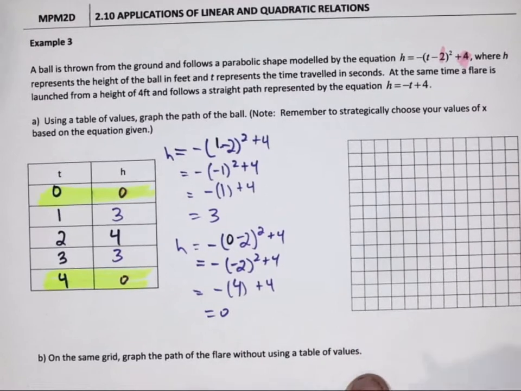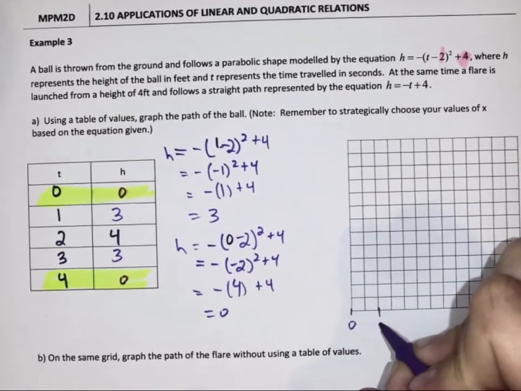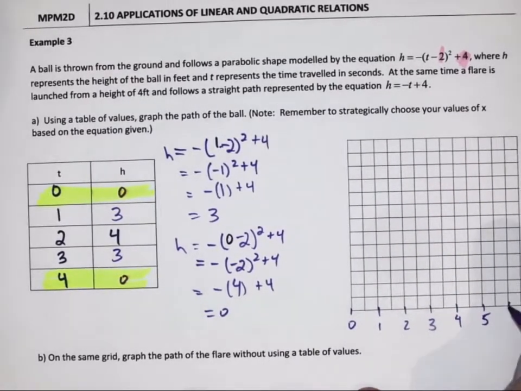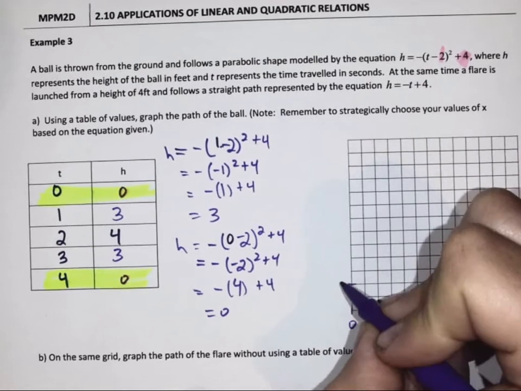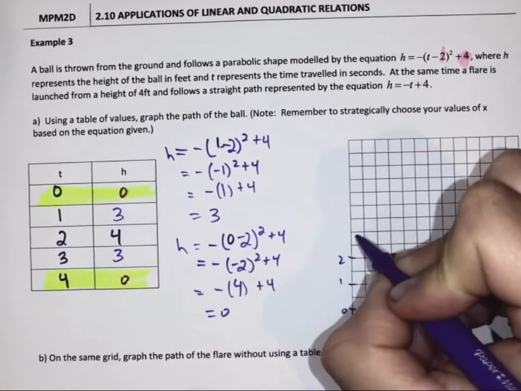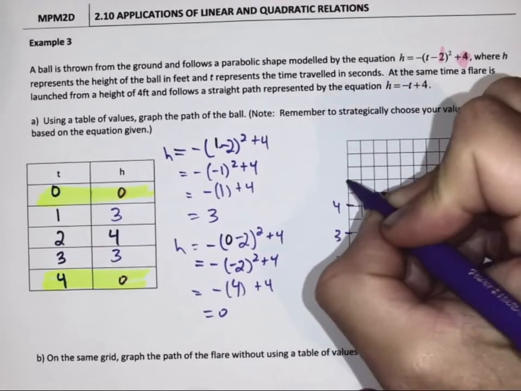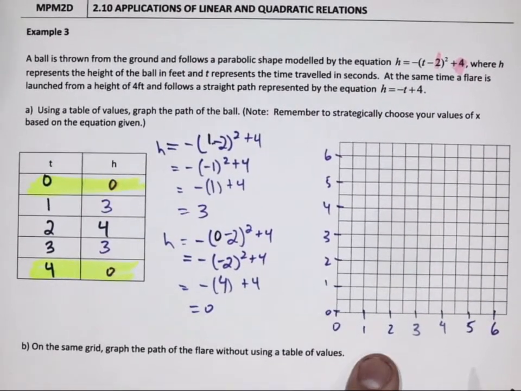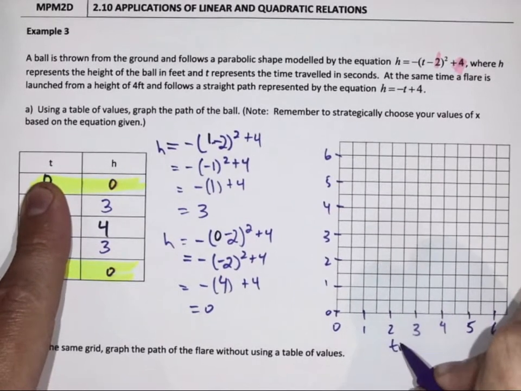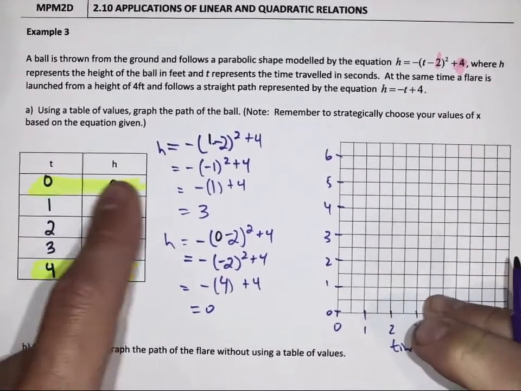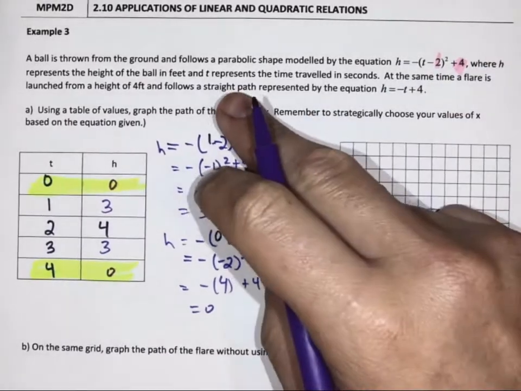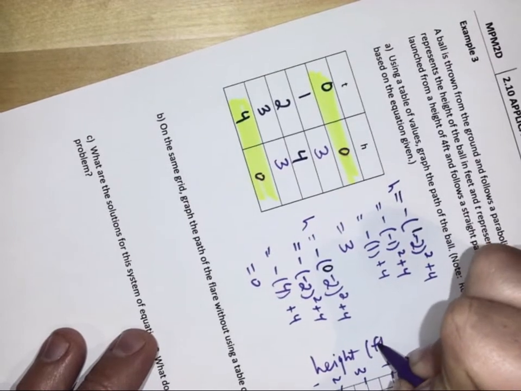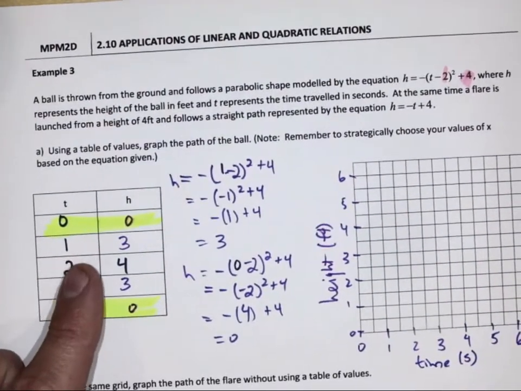I've got to make the scale 0, 1, 2, 3, 4. Let's follow the same scale here. Again, on my x-axis I have time in seconds. On my y-axis I have height in feet. So can I graph this parabola?